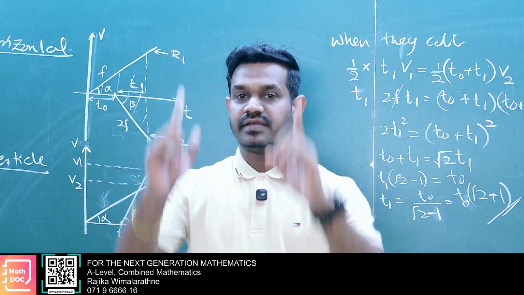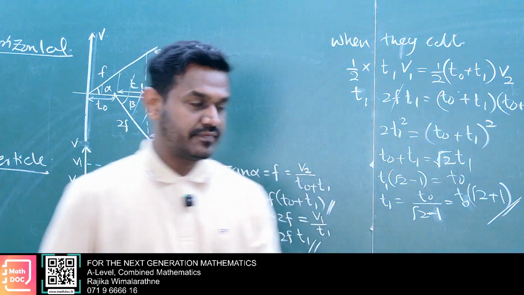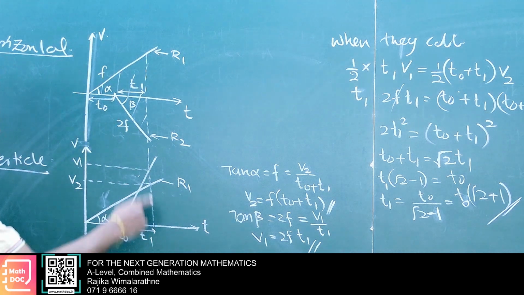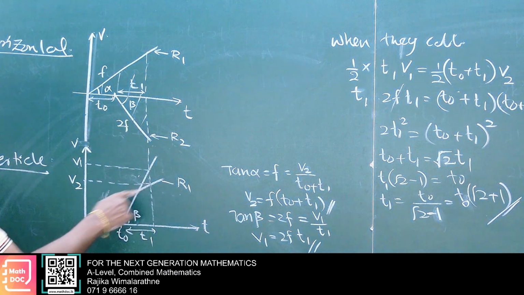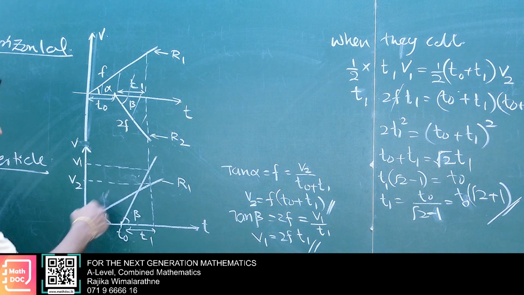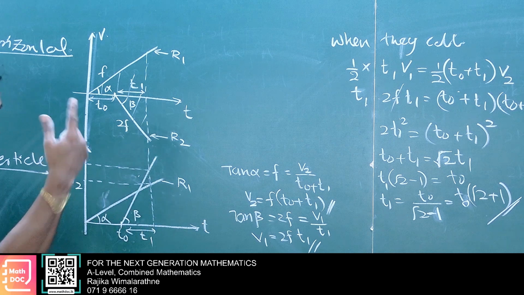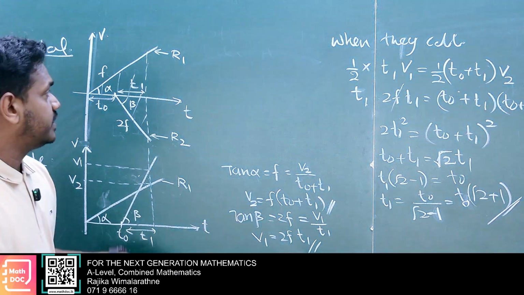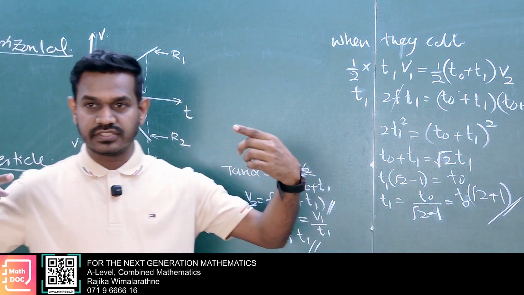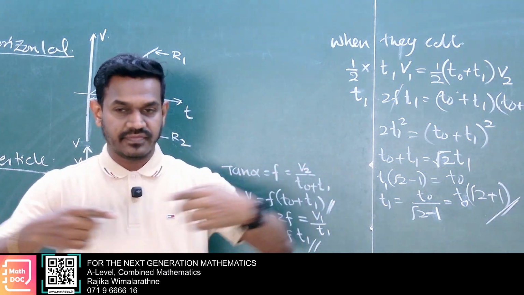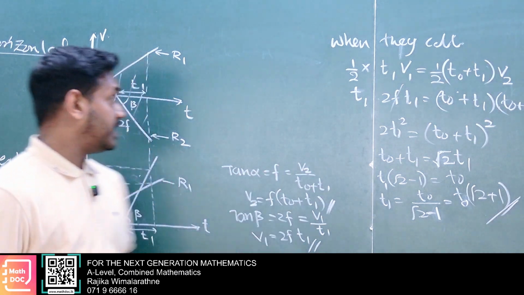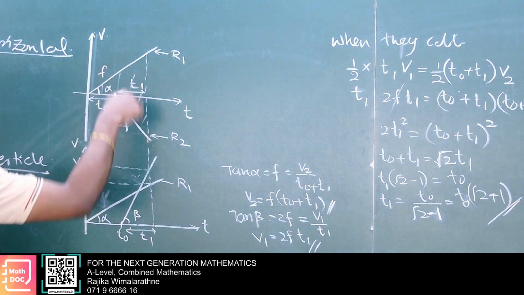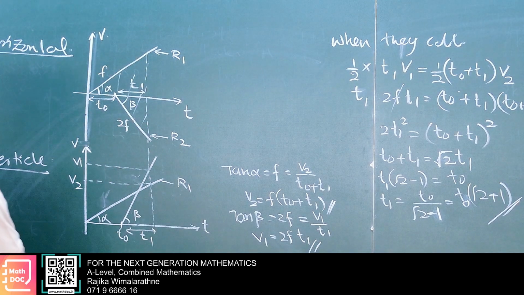Therefore, vertically their displacements must be the same. That's why this area and this area are the same, no? Area same means vertical height same. Then they meet at that point. Horizontally face to face, therefore the AB distance is given by this full area.